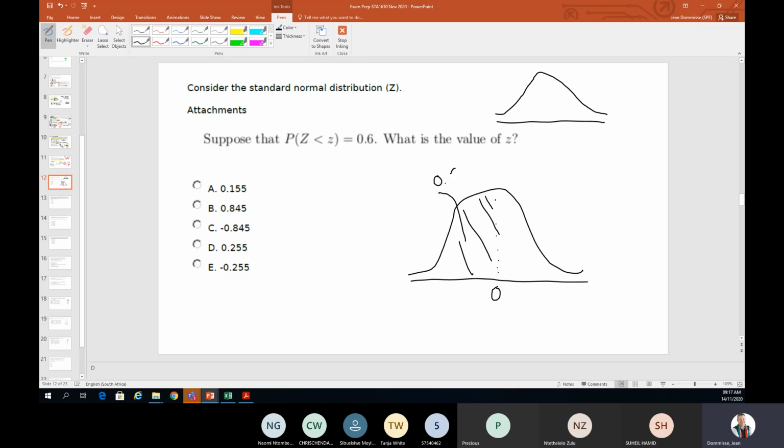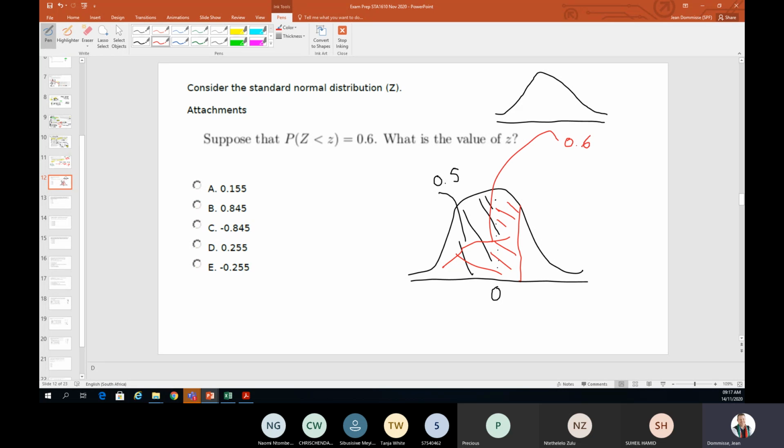0.5. Okay, so here they're asking us, suppose that, you need to get a Z where the probability is equal to 0.6. So if that is 0.5, I will need to add another 10%. Then that whole area would be equal to 0.6.